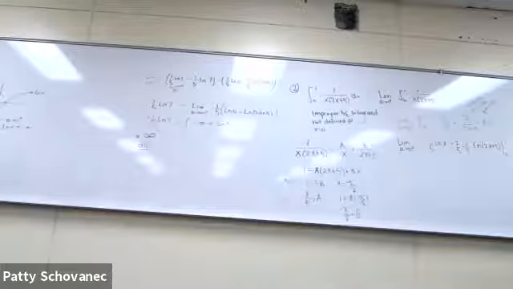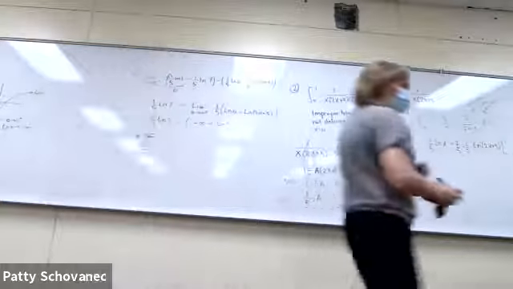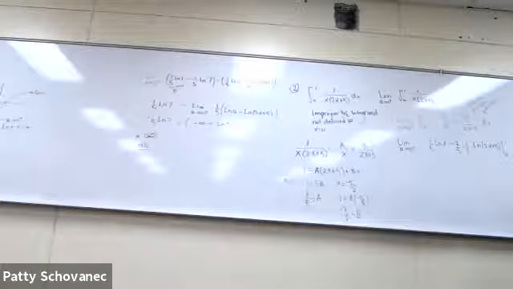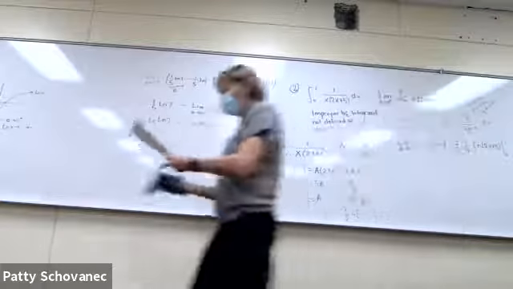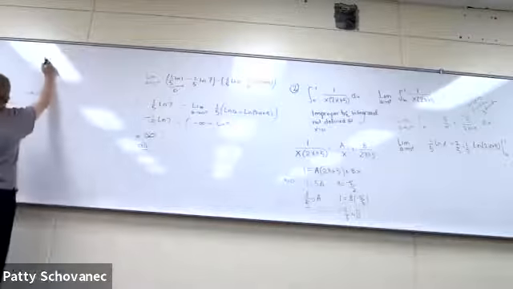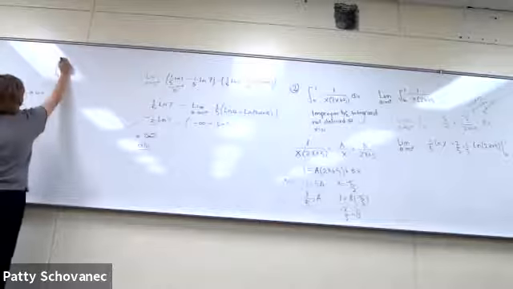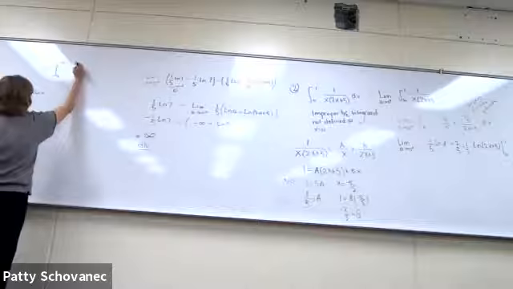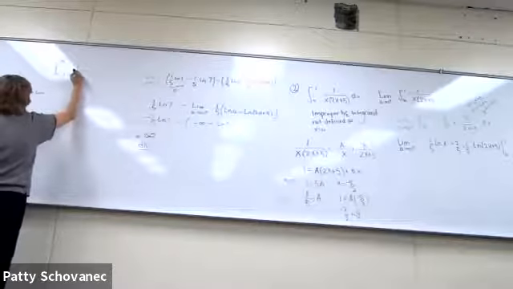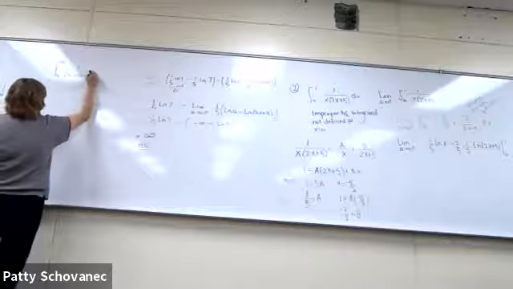So we've seen one that converged and one that diverged. Now let's try this one. 4 to infinity of 1 over x minus 2 times x minus 3.